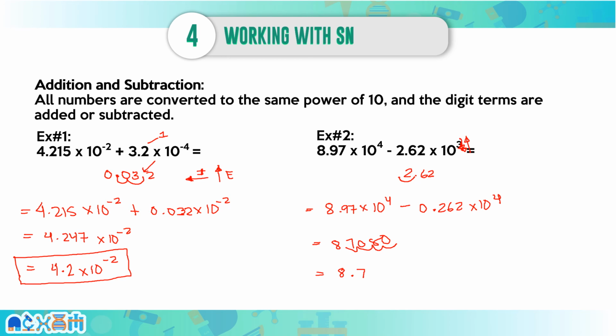This is 8, this is 0. I have here the least decimal is 2, so this should be 8.71 times 10 to the 4th. That is now our final answer.